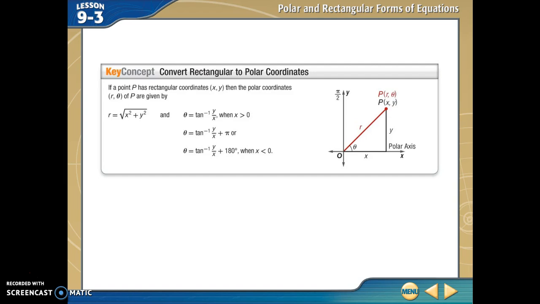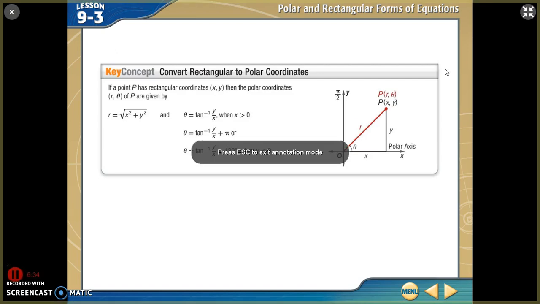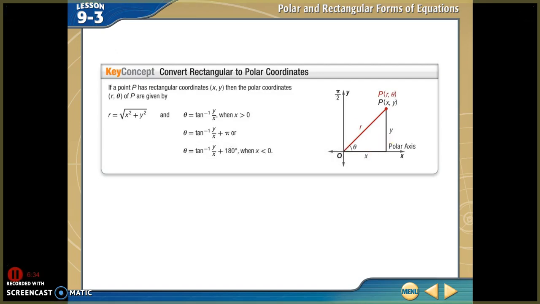So we want to look at this in terms of if we have rectangular coordinates and we're going to polar coordinates. This first part is, again, a right triangle, how we're relating the two. From the Pythagorean theorem, r squared equals x squared plus y squared, or r is the square root of x squared plus y squared. It's going to give me a value.